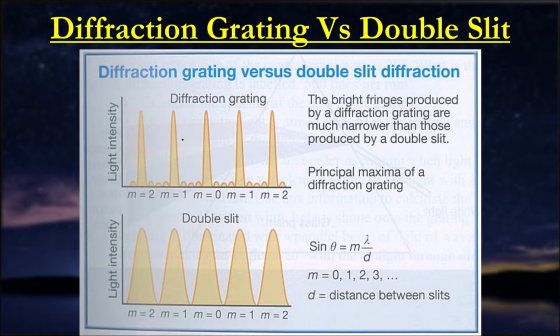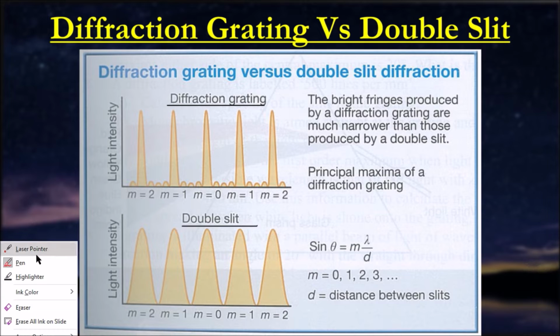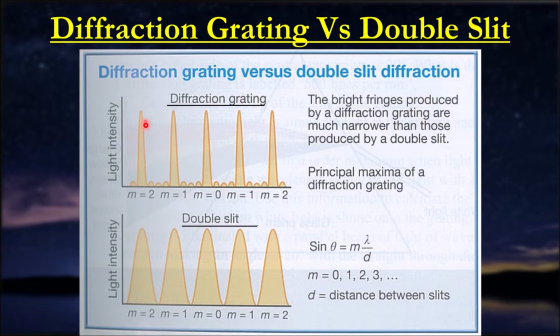If you compare the diffraction grating and a double slit experiment, you can see there's a very big difference in the sharpness or resolution of the image. So the bright fringes produced by a diffraction grating are much more narrow than in a double slit experiment. It's a lot finer, and the reason is that the lines are a lot more narrow.